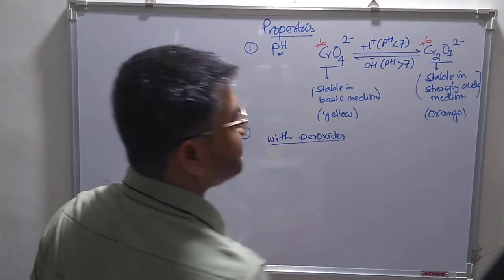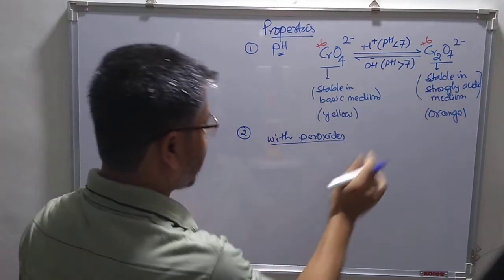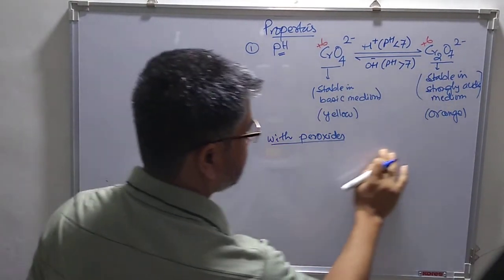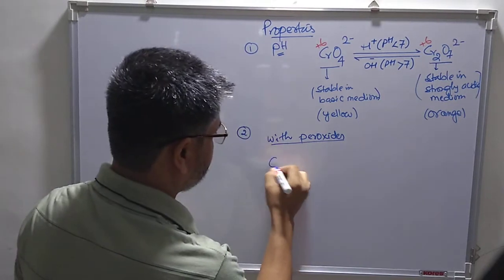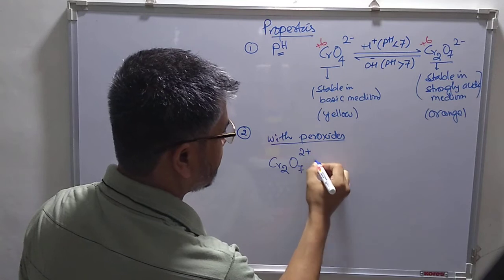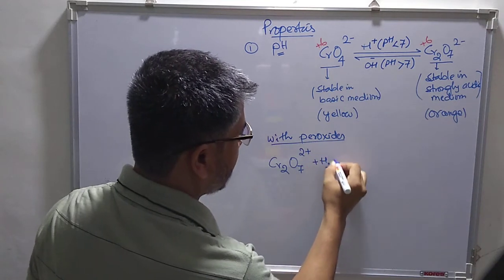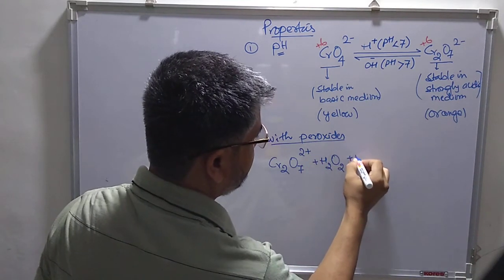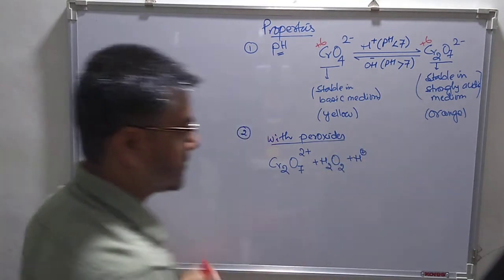with peroxides. So we have this dichromate, Cr2O7 2 minus, which reacts with hydrogen peroxide in presence of acid.